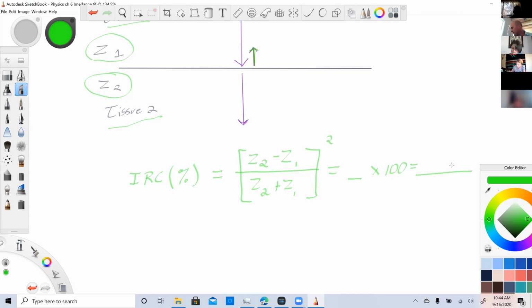I wonder if we should transmission coefficient. Just remember, it's pretty easy to remember if you just think of it this way. There is an incident, there is a reflected, and there is a transmission.